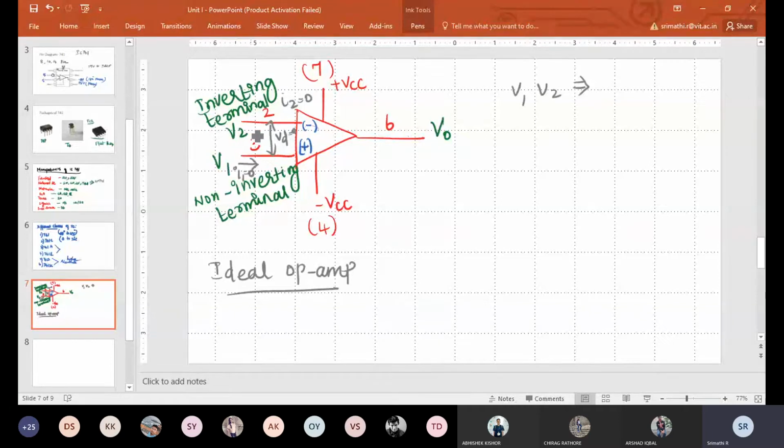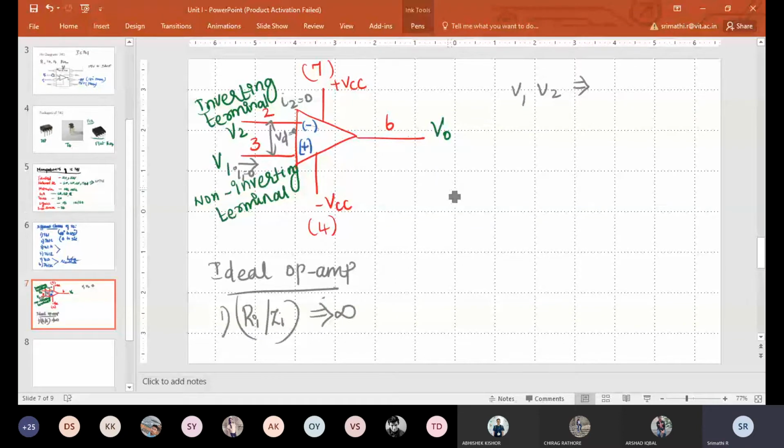For an ideal op-amp, no current enters the op-amp because one of the characteristics is the input impedance. Input impedance is infinite.